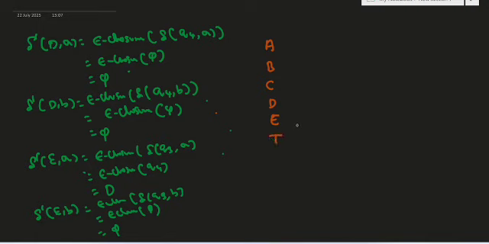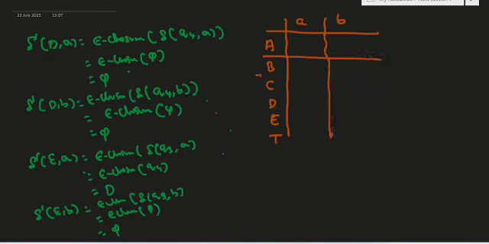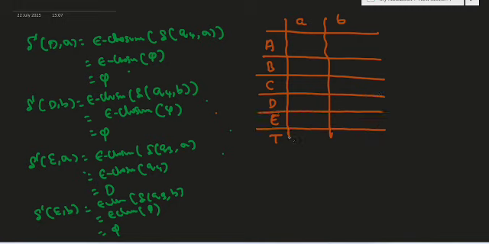So T. Since this is a DFA, what are the inputs here? A is an input and B is an input. Now we will convert this into a table, then this table will subsequently be converted to a diagram. So there are 5 states and one more state called the trap state.